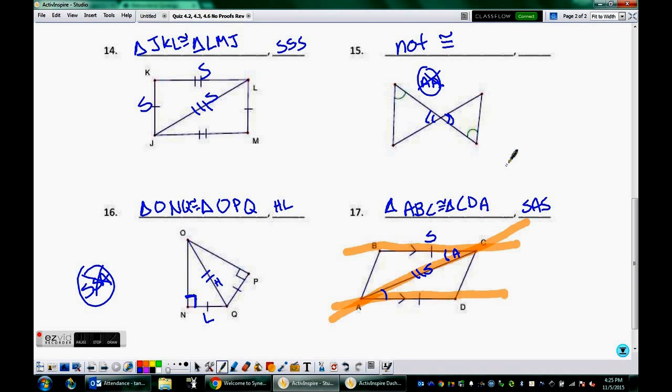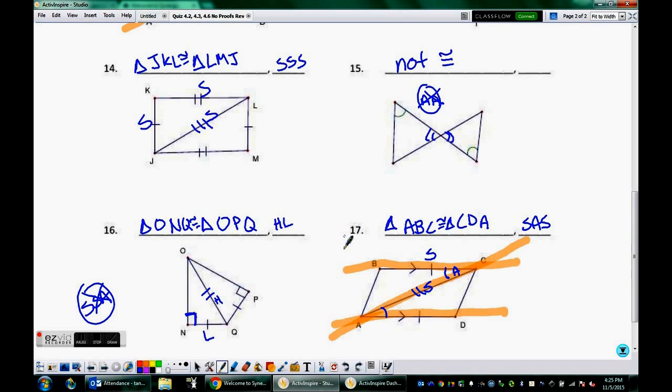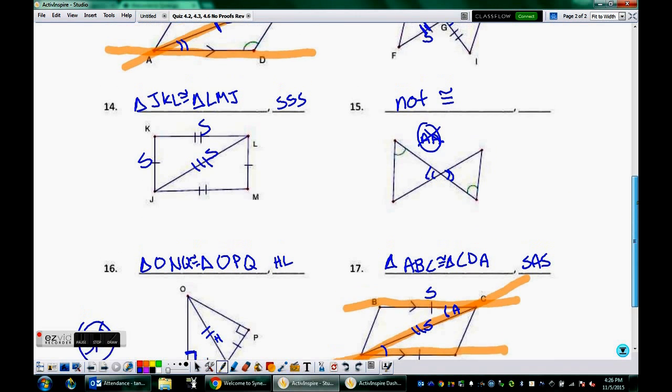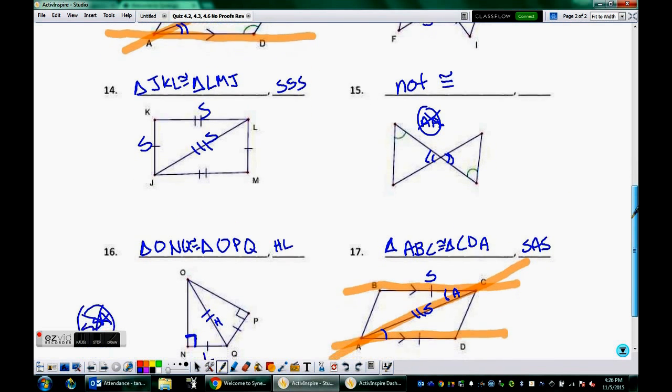You'll notice that when I've got parallel lines, it's almost like the triangles flip. So instead of having the A and C match A and C, you notice they flipped order. That happened here for 14 as well, even though 14 did not have parallel lines.